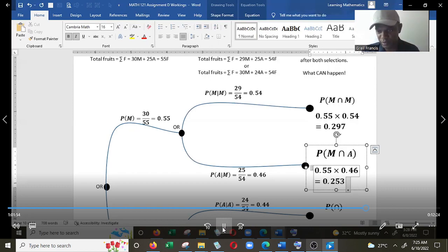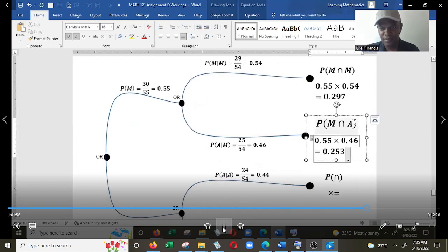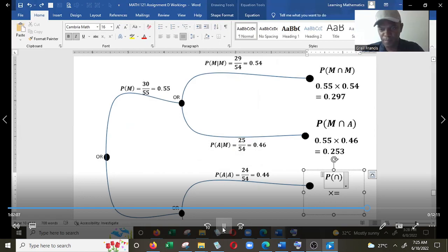Okay, so she gets 0.253. Okay. And or what else is possible?